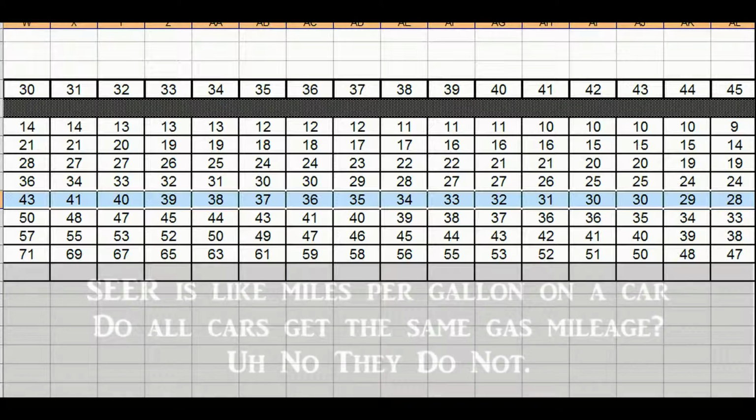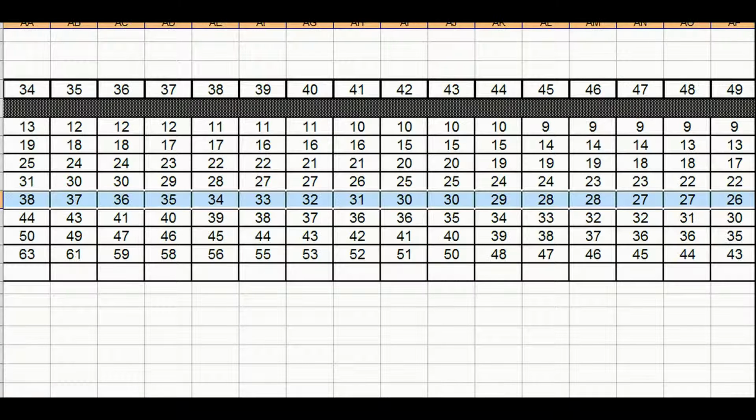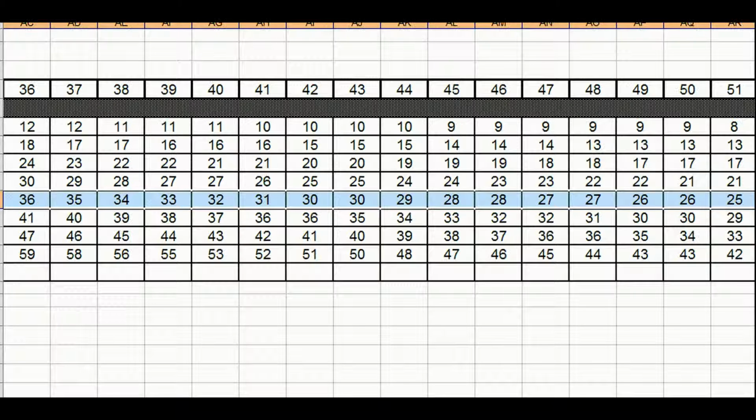So this gives you an idea of what my unit is running as a SEER rating based on my own personal use. $32.62 would put me somewhere in between a 39 and a 40 SEER, because it's about $1 between the two.